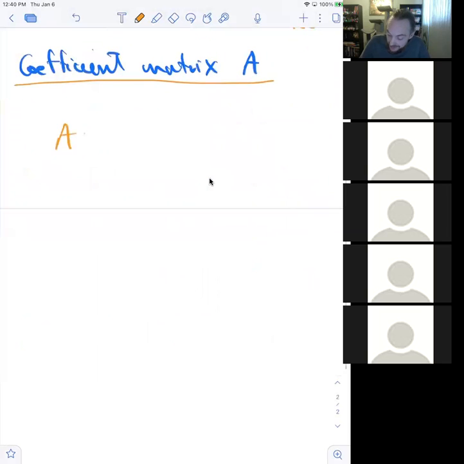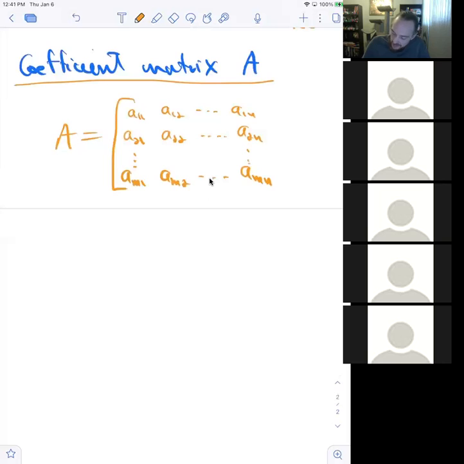So A is going to be A11, A12 to A1n, A21, A22, A2n, all the way down to AM1, AM2 to AMN. And the size is M by N. They will denote this the coefficient matrix of this system.